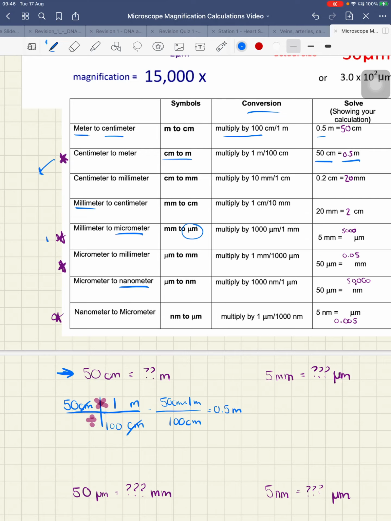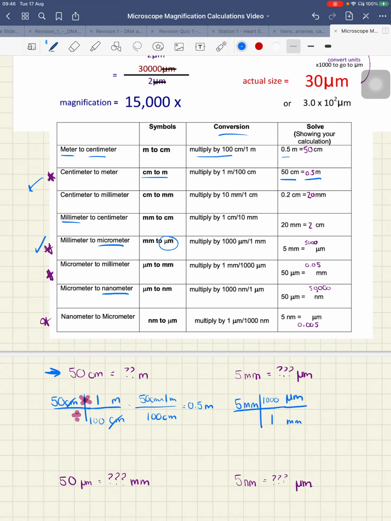Looking at this example, we're going from millimeters to micrometers. This is maybe a bit more unfamiliar to you. So 5 millimeters, and we put millimeters on the bottom and micrometers up here. In 1 millimeter, there are 1,000 micrometers.